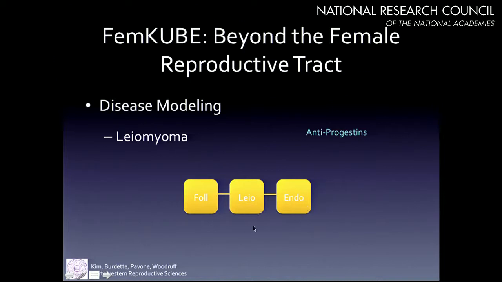It is very well known that progesterone promotes growth of leiomyomas, but then progesterone is important to keep that endometrium from proliferating too much. So if you were to add in an antiprogestin to the female reproductive tract, you can have bimodal effects where it can definitely decrease growth of leiomyomas, but what will it do to the endometrium? This is a nice in vitro platform where we can study such cases.